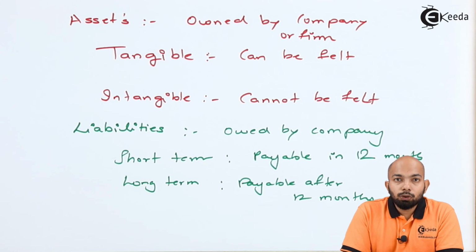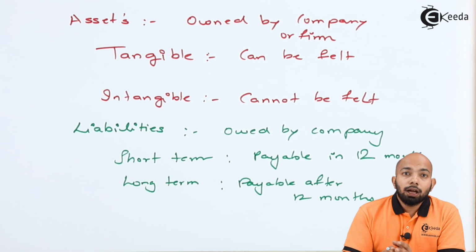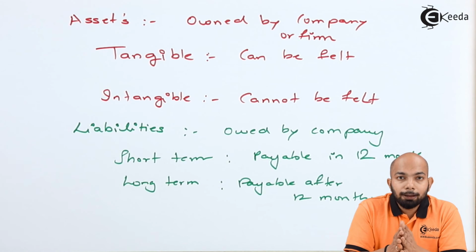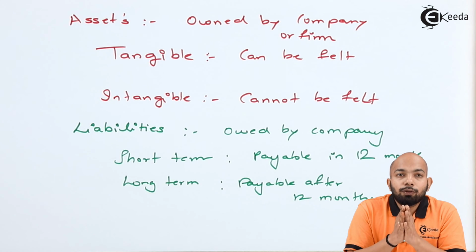So if you have taken a loan from a bank for a short term, that means for 6 months, you have to pay that within 6 months, that will fall under the category of short-term liability. However, if you have taken a business loan from any bank or financial institution, and this has to be paid off within 6 years or 7 years, which is more than 12 months, that will fall under the category of long-term liability.